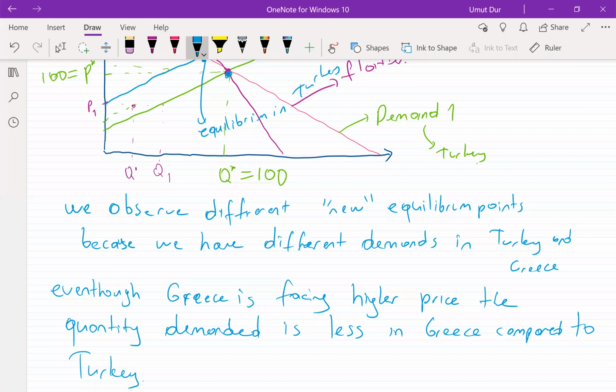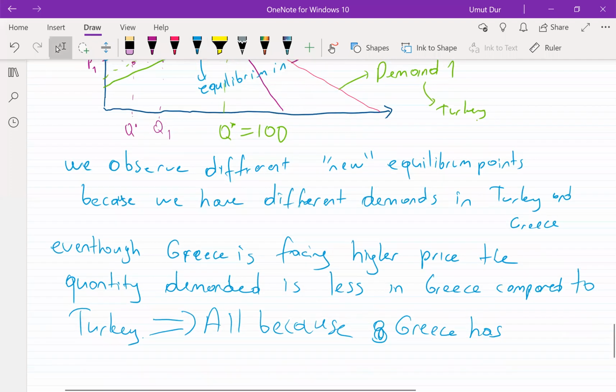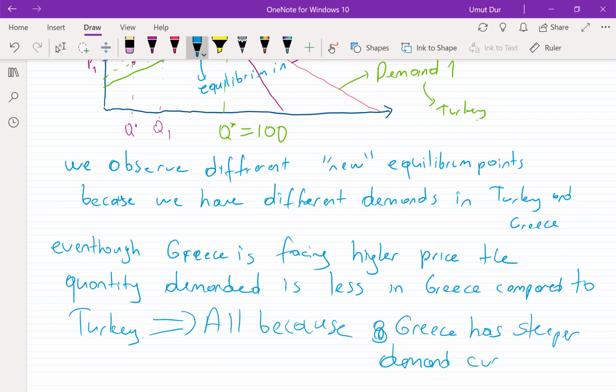Okay, and it's all because Greece has steeper demand.